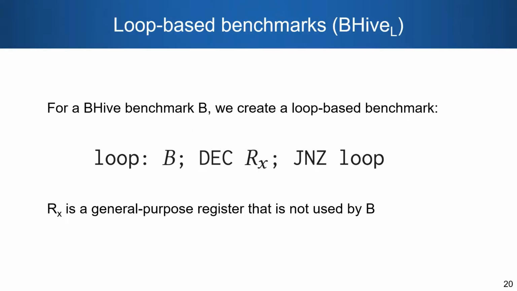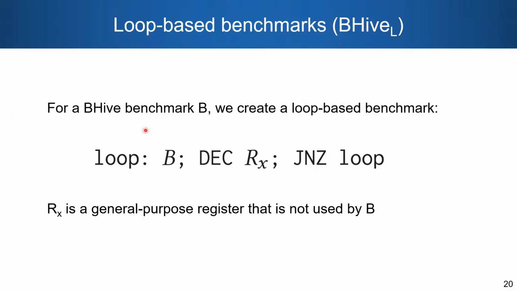To deal with this issue, we have created a version of the BHive set, which we call BHive L, in which the benchmarks end with the branch instruction, and we also have extended the BHive measurement tool correspondingly. We have created the benchmarks in BHive L as follows.